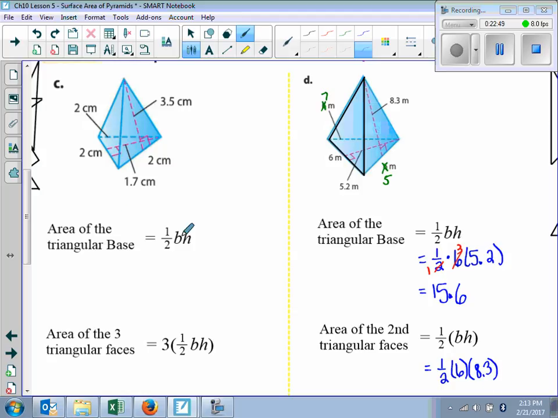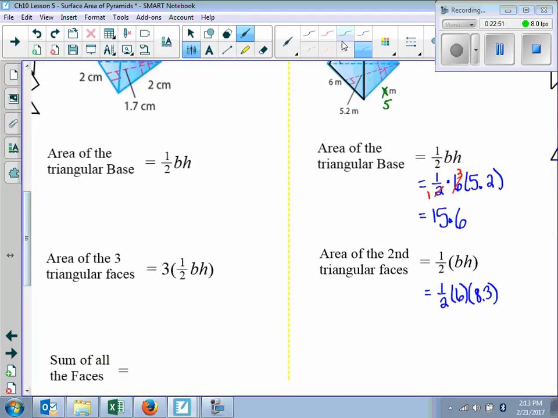And now, can I simplify before I multiply? Yes, thank goodness, right? So 2 divided by 2 is 1, and 6 divided by 2 is 3. So we're going to multiply 8.3 times 3, which gives us 24.9. Look, we didn't have to write the work on that. What are my units going to be? Meters squared. Very good.